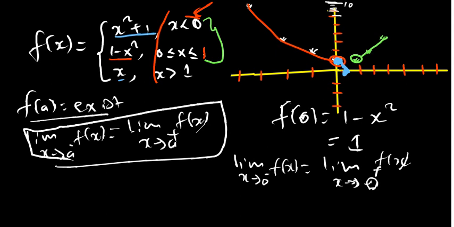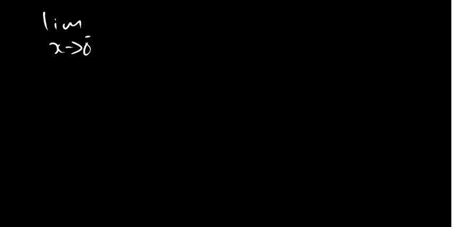So we're going to go to the first equation, and the first equation is what? It's x squared plus 1. So where there's x, we're going to put 0. If we put 0 squared plus 1, what are we going to get? We're going to get 1.